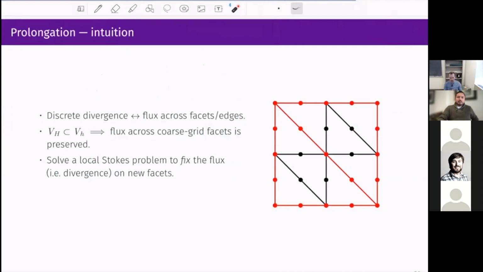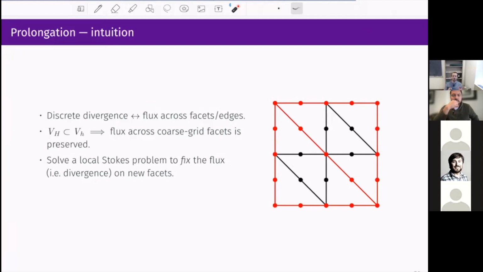Let's start with the easiest case, which is when the meshes are nested, right? Then the interpolation is actually an exact operation. There's no error induced by this.